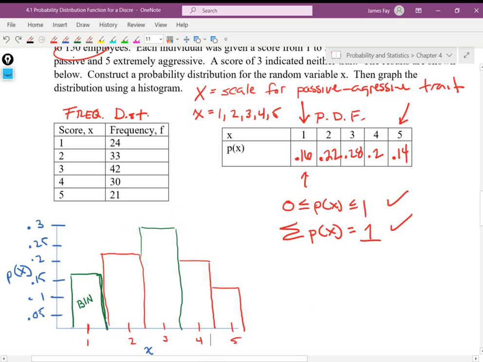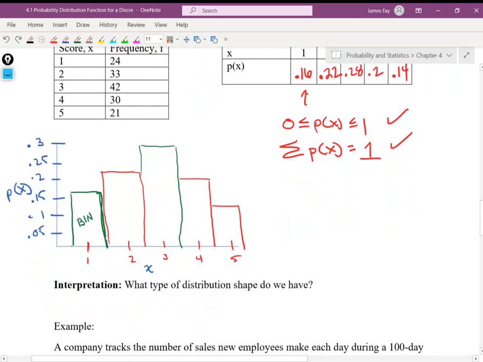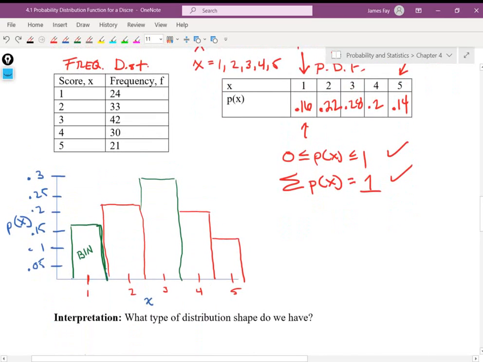But symmetric is what we're looking for, and that's the information that we can get from creating this. Without this being transformed into a probability distribution function, into this second table, we can't arrive at this information. Okay, does that make sense?